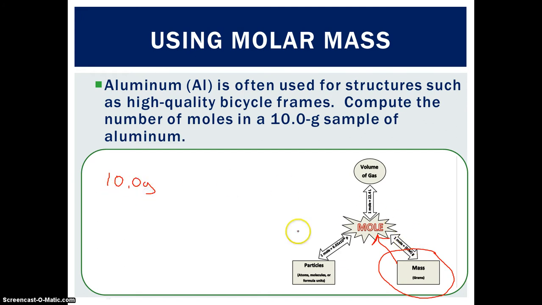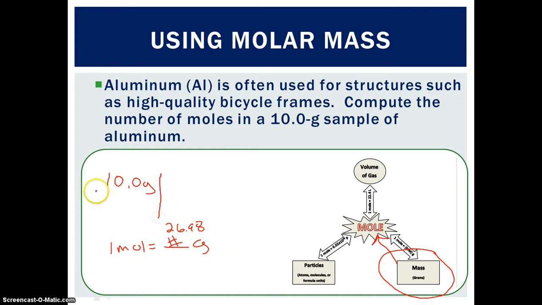The conversion factor I have here is 1 mole equals blank grams, and the number that goes here is my molar mass. So for aluminum, if I look on the periodic table, I find the molar mass to be 26.98. Okay, so 1 mole for aluminum equals 26.98 grams.